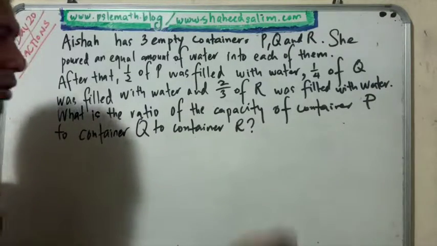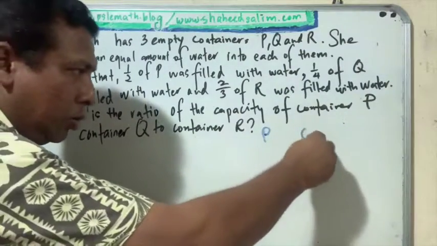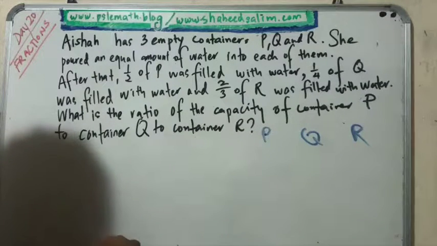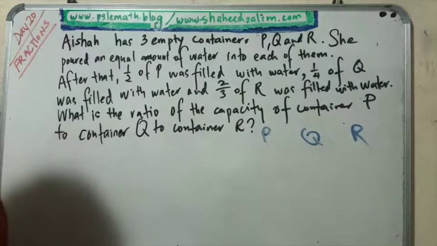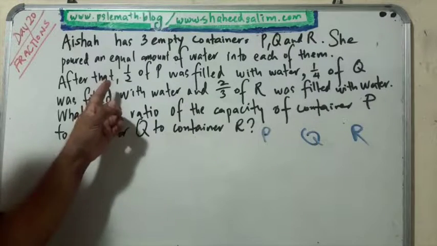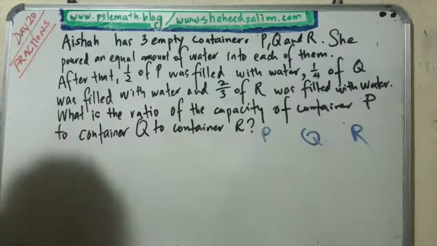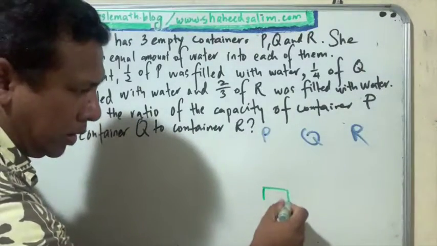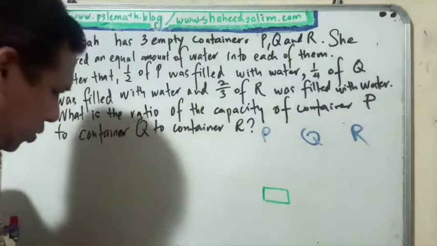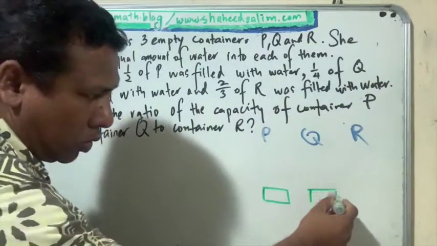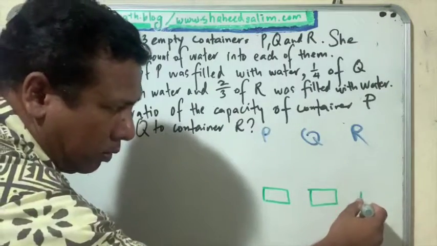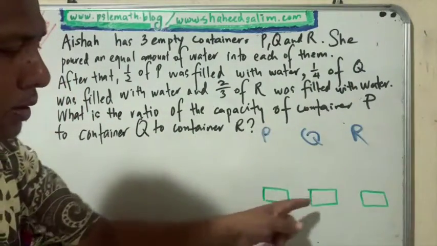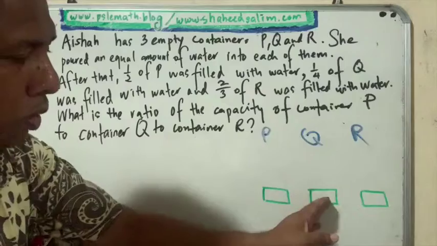There's 3 containers: container P, container Q and container R. Alright, and it states that this is the same amount of water that is poured into P, that is poured into Q, that's poured into R. I've drawn one unit to represent the same amount of water in each.